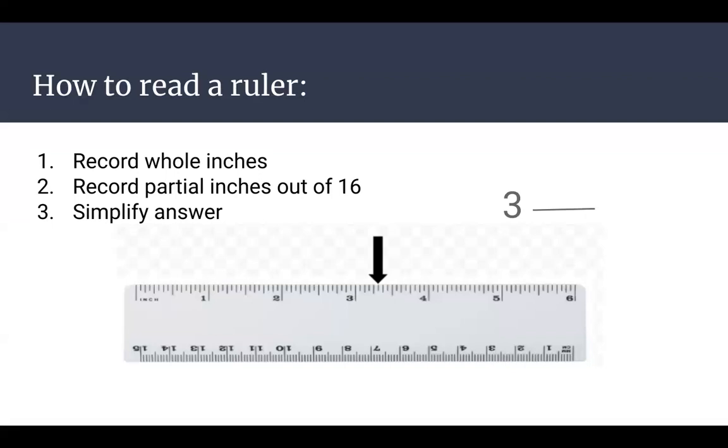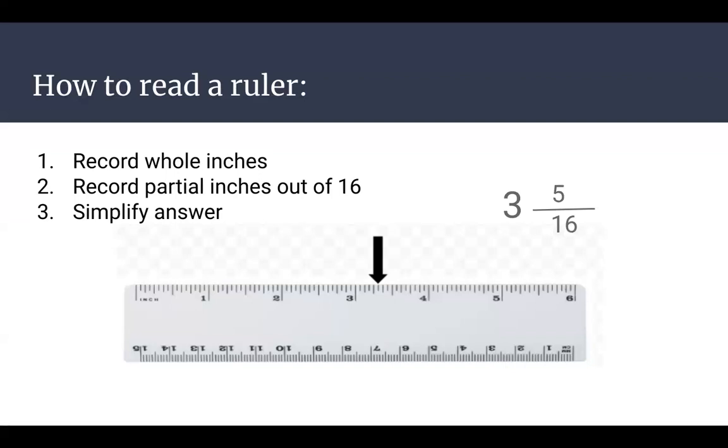Then we record our partial inches out of 16, so we want 16 as our denominator. Starting at the 3 line, we count away 1, 2, 3, 4, 5. So the measurement that the arrow is pointing to is 3 5/16.